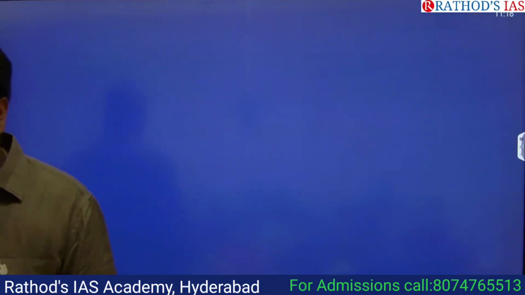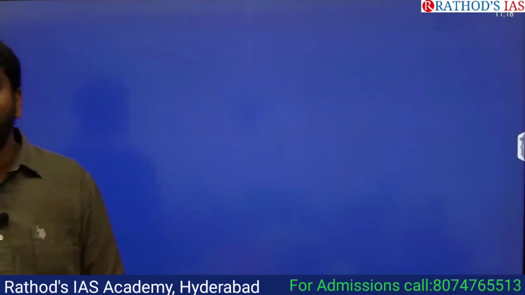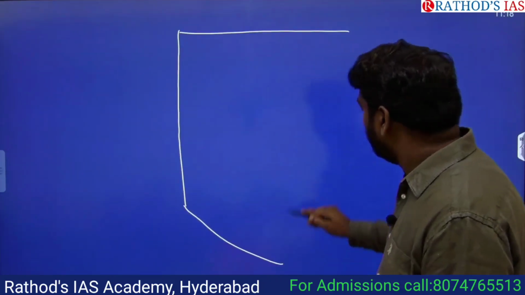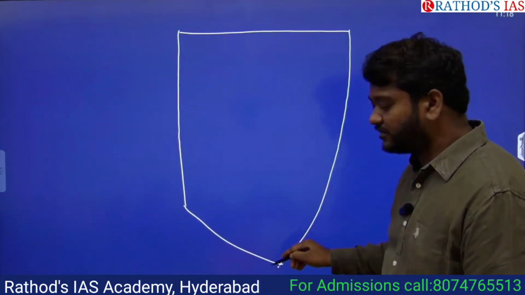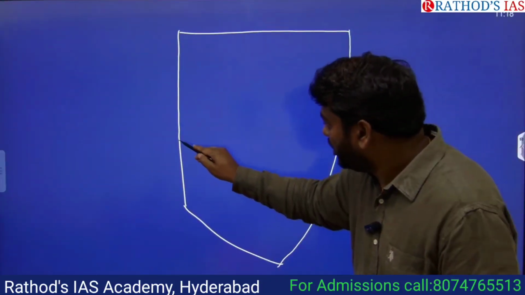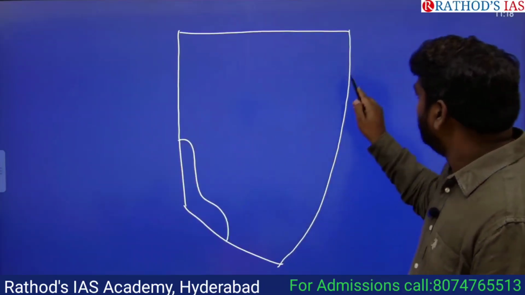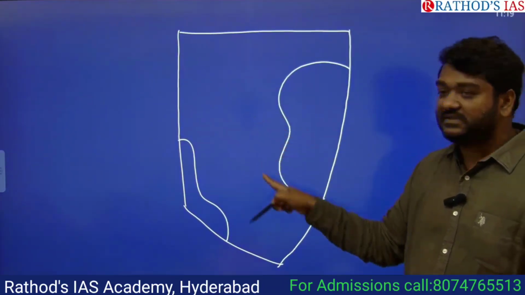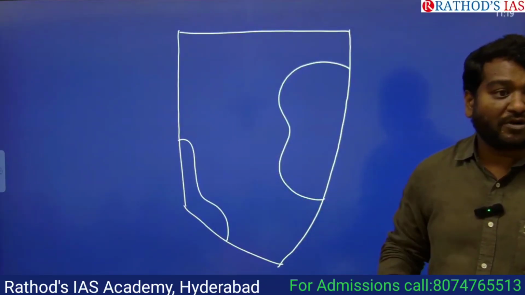Country to country, every country will be trying to do certain things. Now, if you see Israel and Palestine, actually Israel looks like this, and this part and this part is Palestine. This is the Jews region.